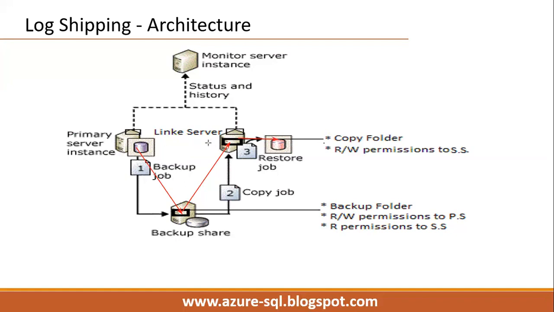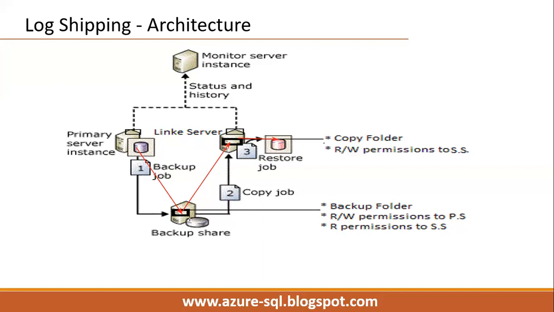By default, remember, all these jobs run every 15 minutes. We can change the timing also. Check here, the backup job runs every 15 minutes. That means per hour it is generating 4 backups automatically.